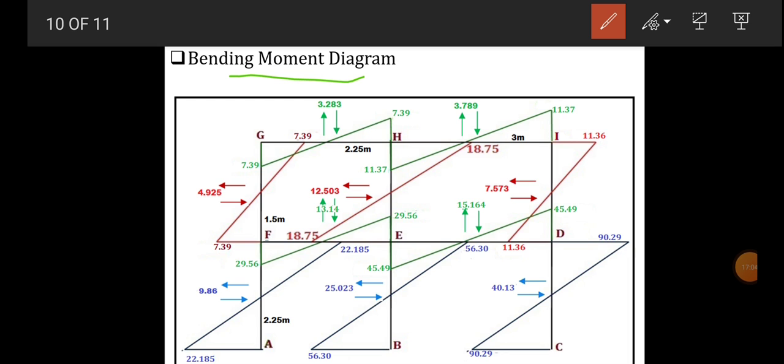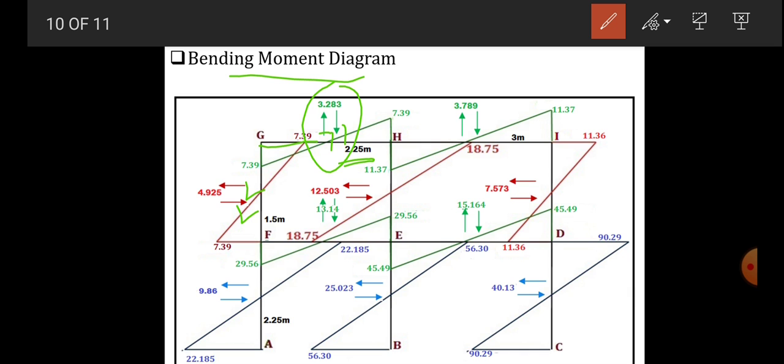To draw the bending moment diagram, you have to consider the axial forces and the half distance of a beam. Now the half distance of a beam is 2.25 meter, and the axial force is 3.283 for this beam.